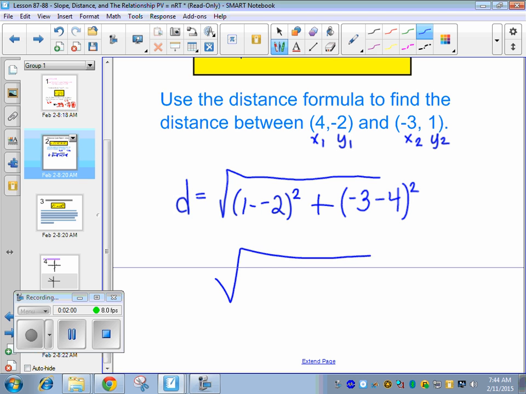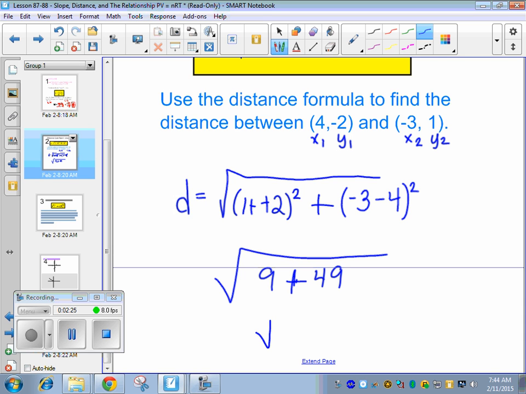Okay, so now I've got 3 squared here, so that would be 9. And I have -7 squared here. What's -7 times -7? Okay, positive 49. You should never have negatives after you square. Okay, never have any negatives.